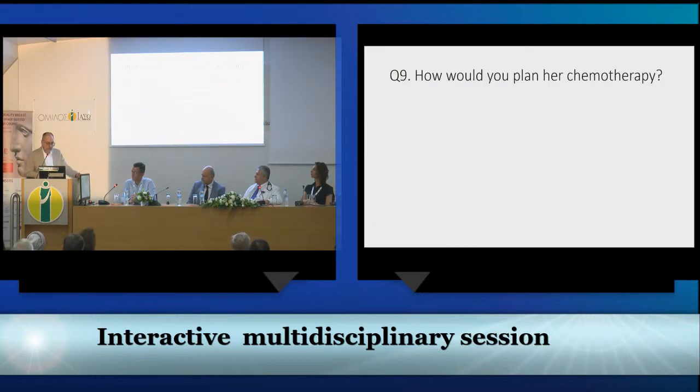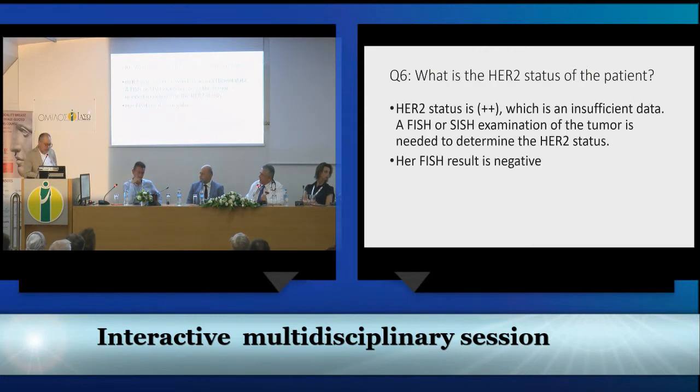So would you comment on planning her chemotherapy? Yes, if I've seen well before, she had a HER2 negative disease on FISH or CISH, right? Yeah, her FISH result was negative. But she was grade 3 with the Ki-67 high, around 57.